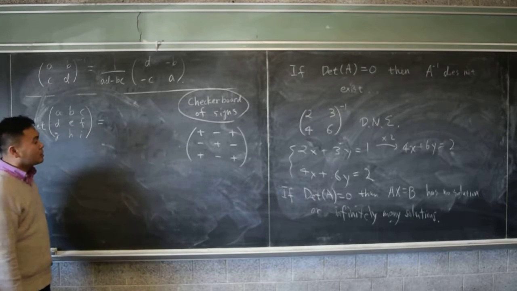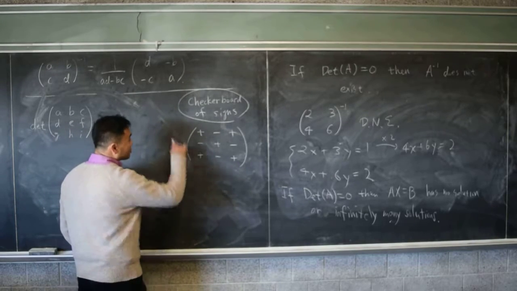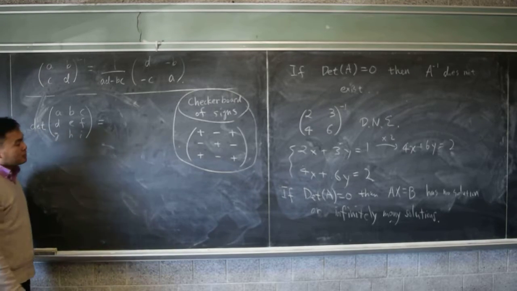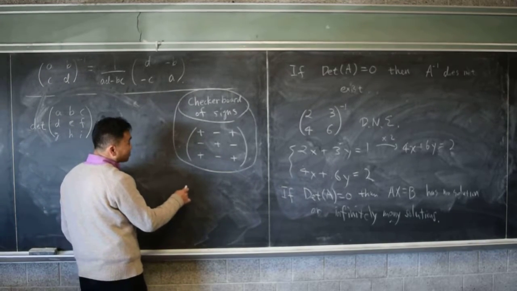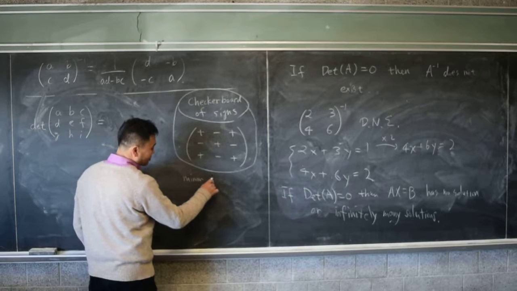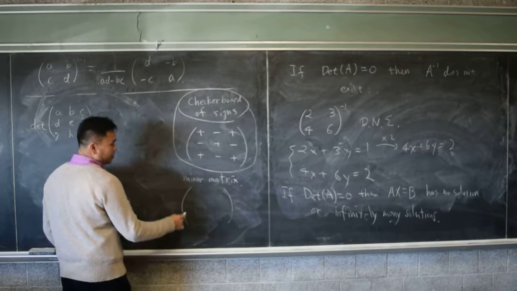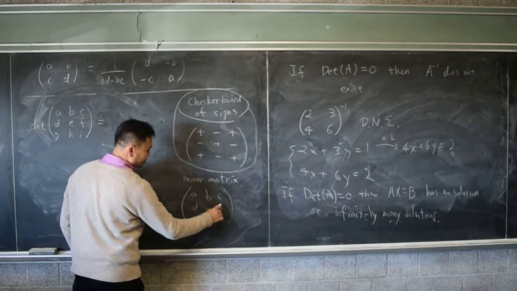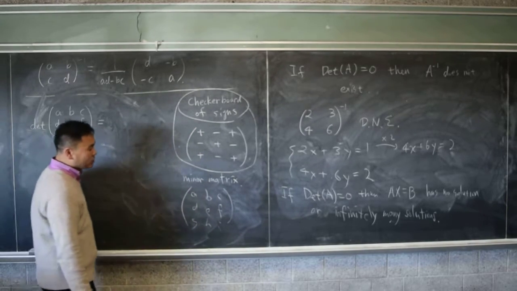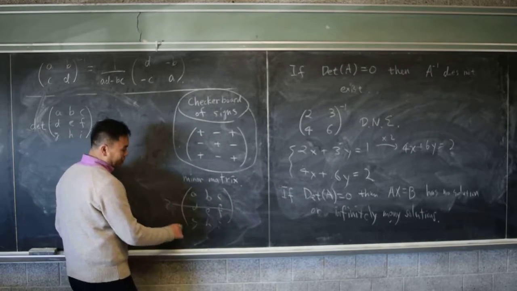Okay? So that's the first thing that you have to know. And then given a matrix, there is also something called a minor matrix. Which is, if you're given a matrix, the matrix obtained by, say, let's pick a row. Let's pick the second row and the third column.